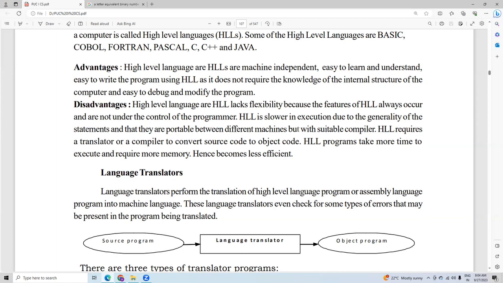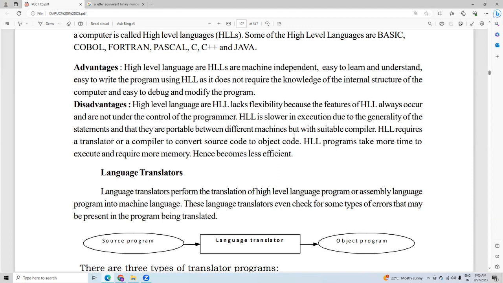So whatever the disadvantage, high level languages lack flexibility because the features of HLL are not under the control of the program. That means features will be continuously in research, they will keep on changing, right? HLL is slower in execution due to the generality of the statements, and they are portable between different machines, but with a suitable compiler, right?